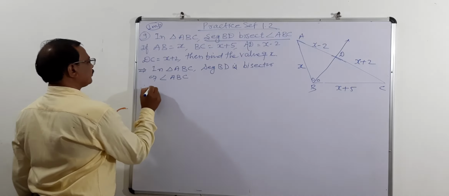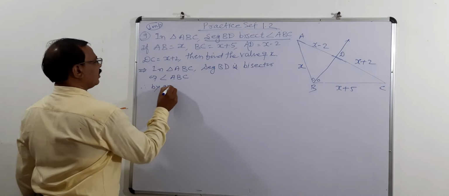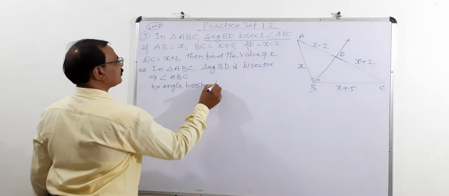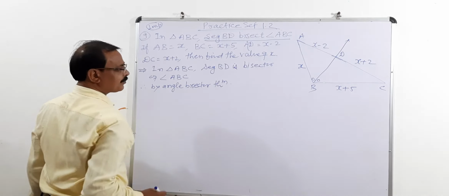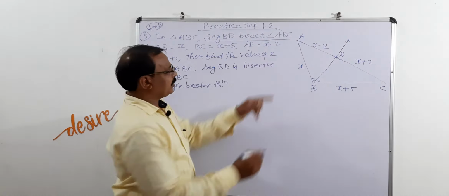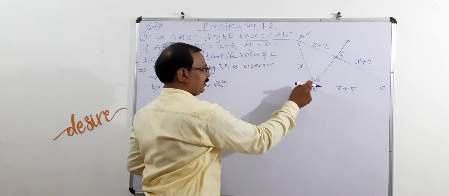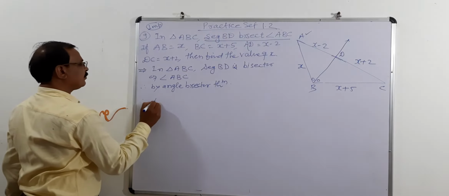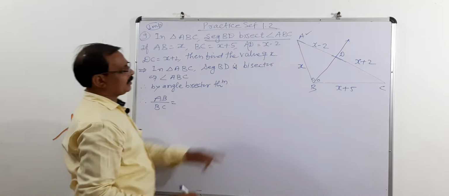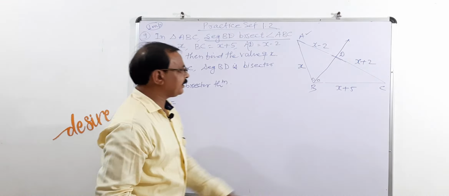Therefore, by angle bisector theorem, we start from the A point, AB upon BC is equal to AD upon DC.